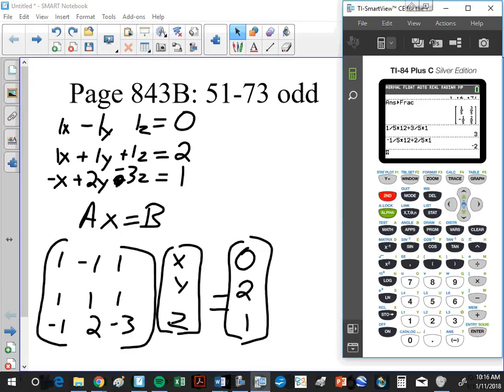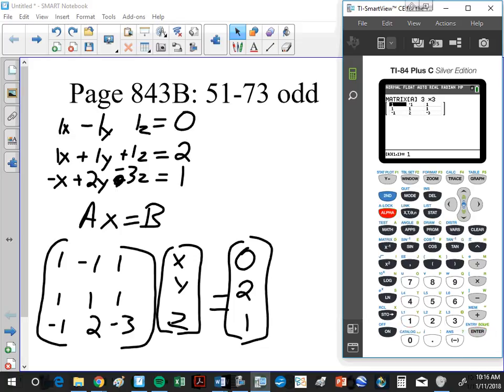Go to my calculator, second matrix, edit a 3 by 3. And I get 1, -1, 1, 1, 1, 1, -1, 2, -3.